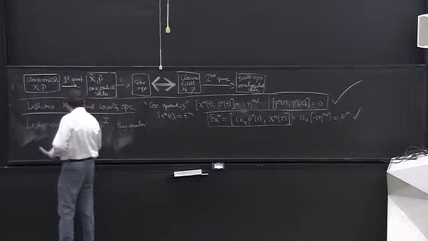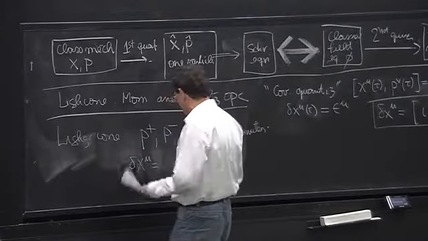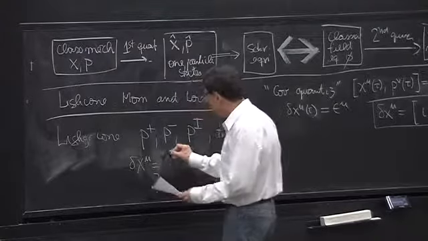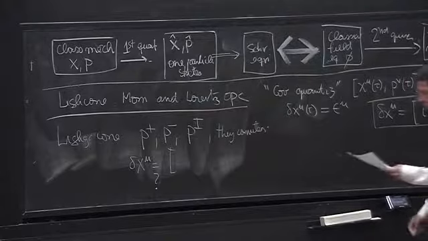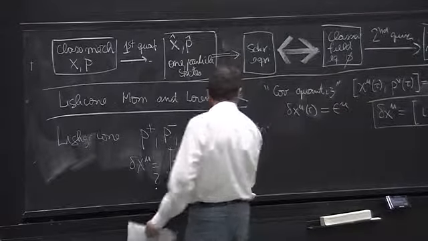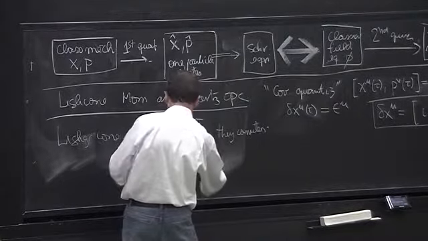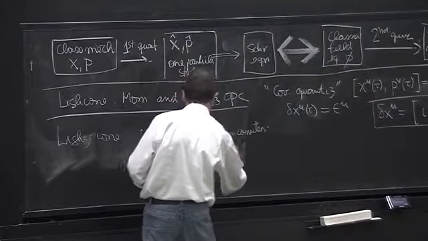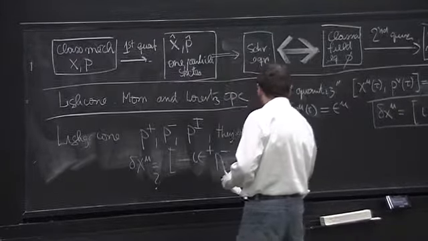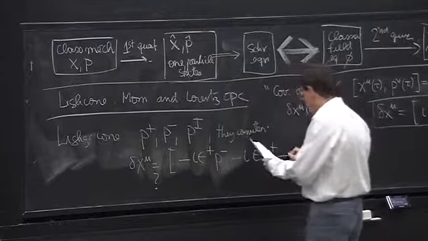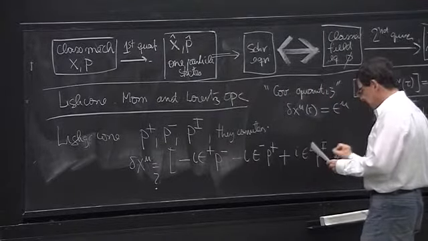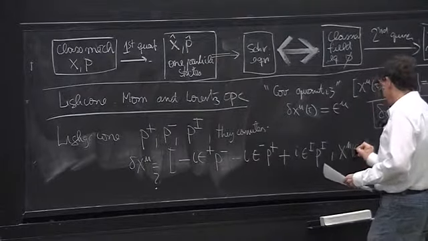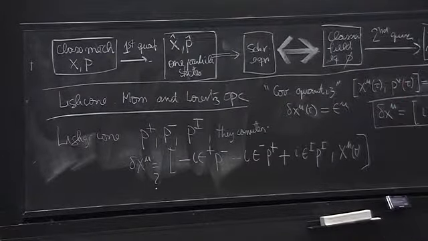So I ask, is delta x mu really given by this thing acting on x mu? So this thing would be minus i epsilon plus p minus, i epsilon minus p plus, i epsilon i p i, with x mu, possibly of tau.